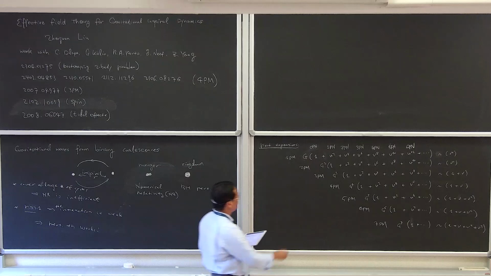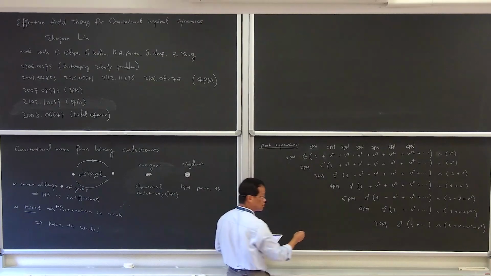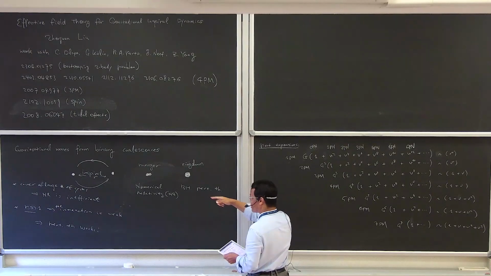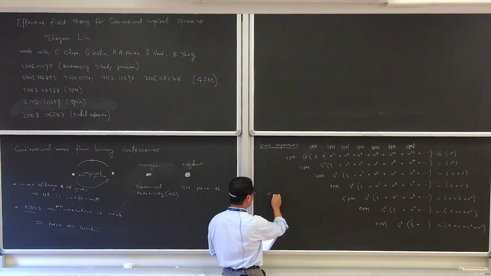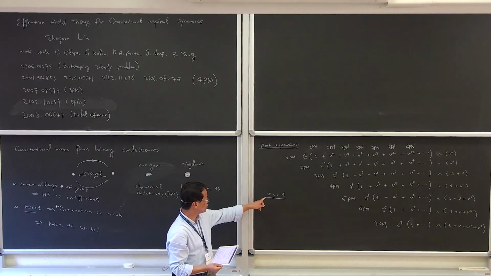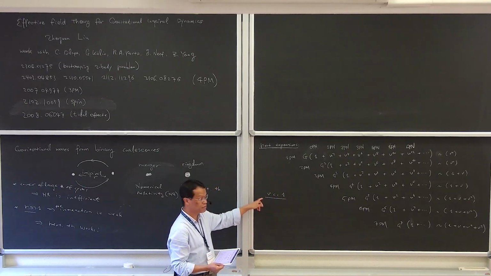In particular, for the case where the relative velocity between two bodies is small, we can solve the equation of motion in an expansion in v.